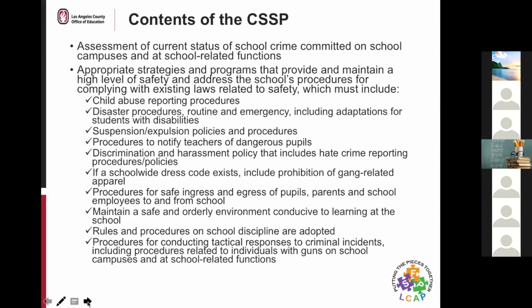The safety plan must also include strategies and programs that provide and maintain a high level of safety, as well as address the school's procedures for complying with current safety laws, including child abuse reporting procedures, disaster procedures, suspension and expulsion policies and procedures, and procedures to notify teachers of dangerous pupils. But again, there's a long list of requirements that must be included, so it's important to be familiar with all of the components. Next slide, please.